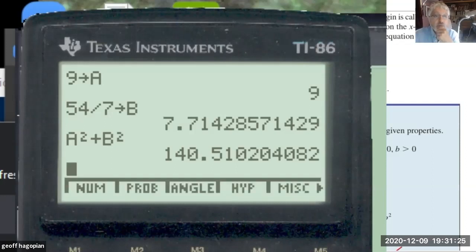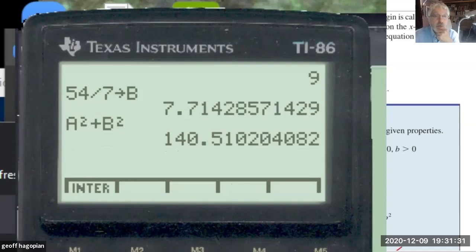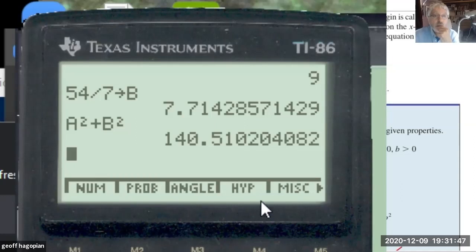So if I go here and then I say miscellaneous, no, that's not it. More, no, it's not there, huh? I thought it was on the math menu. Maybe it's under the number menu? No. Where's the convert to fraction? Anybody know offhand? Nobody has the 86?